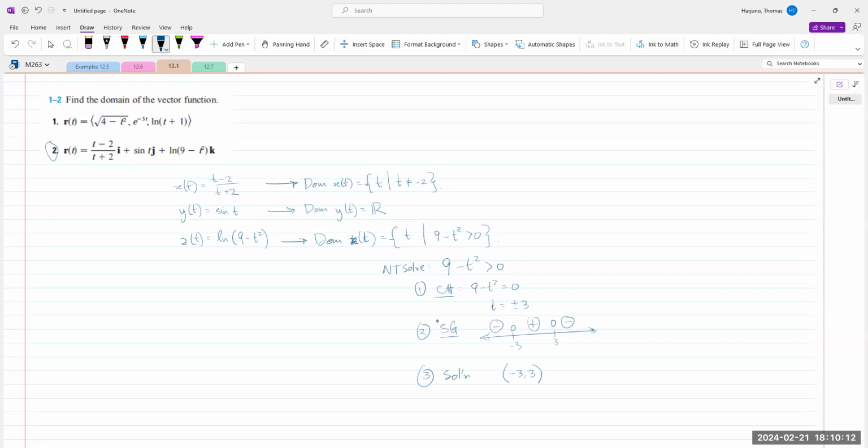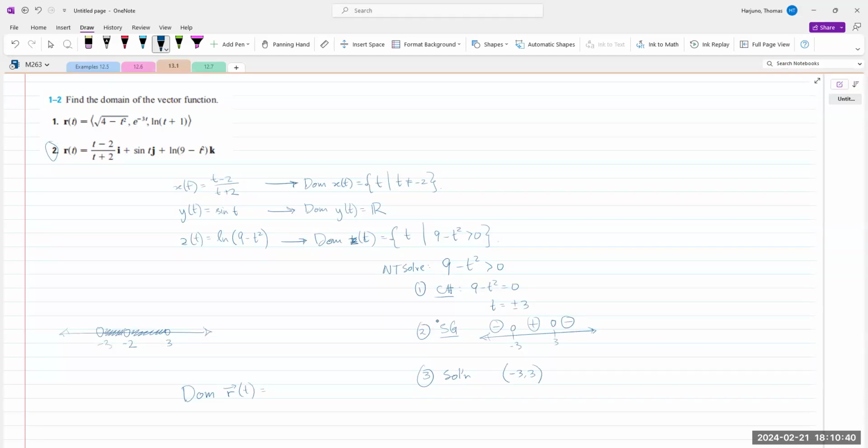Now, what happens to the domain of r(t)? Putting things together, we are okay with between negative 3 and 3, not including the endpoints, but also we need to exclude negative 2.